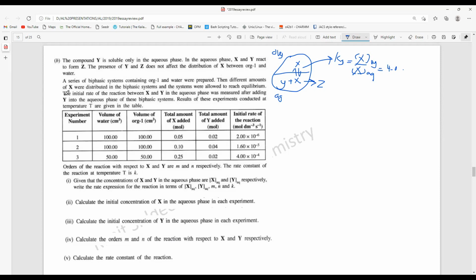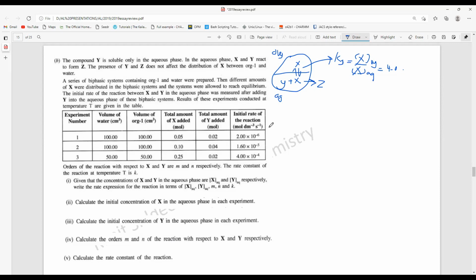Then different amounts of X were distributed in the biphasic system and the systems were allowed to reach equilibrium. The initial rate of the reaction between X and Y in the aqueous phase was measured after adding Y into the system. So you have this one, then they add Y, and this reaction is going to happen. Results of this experiment conducted at temperature T are given in the table.